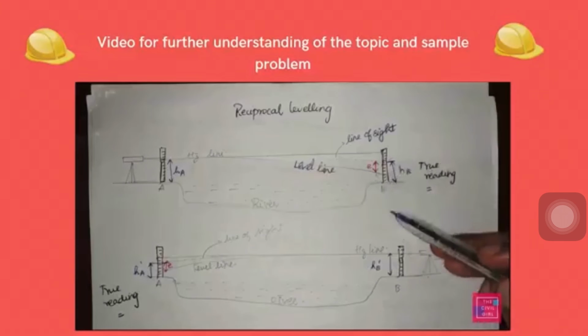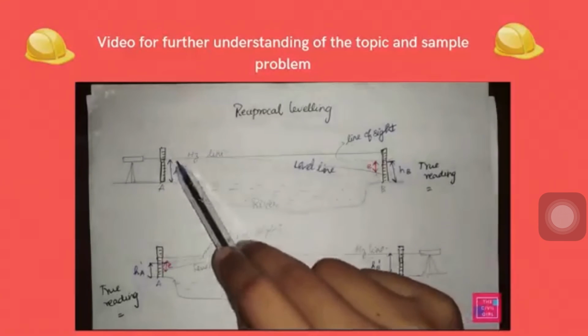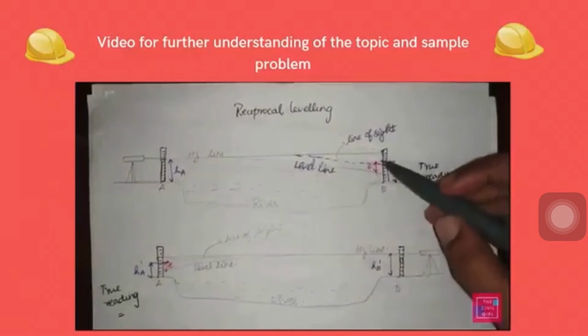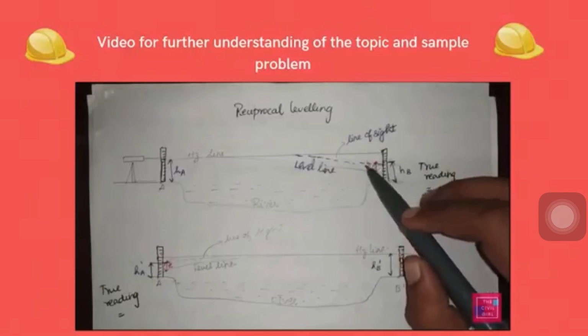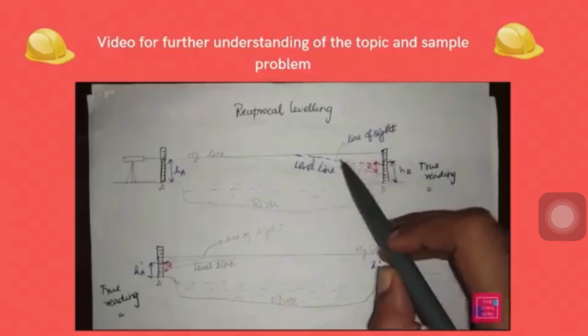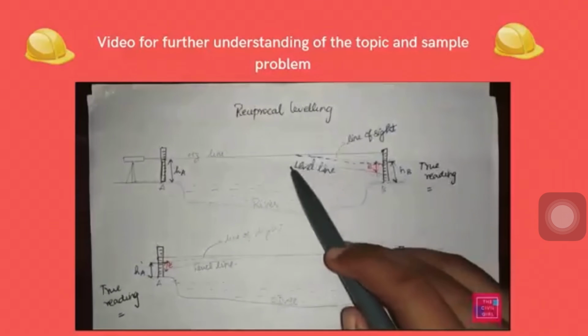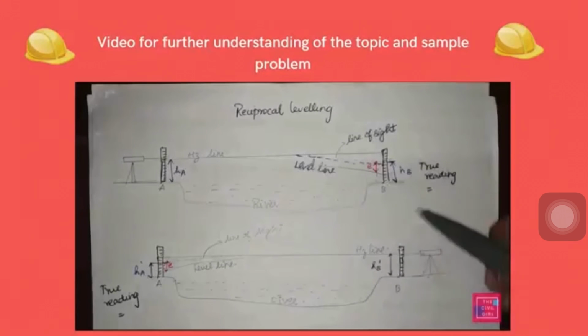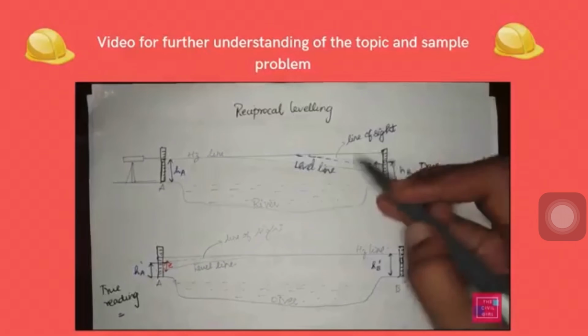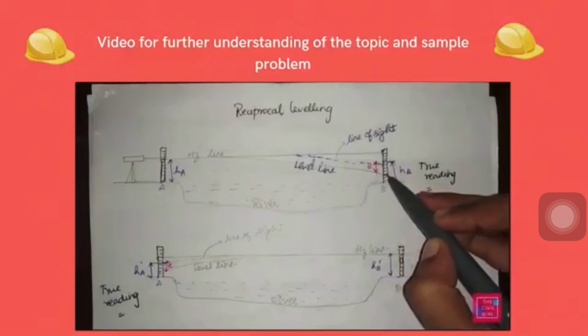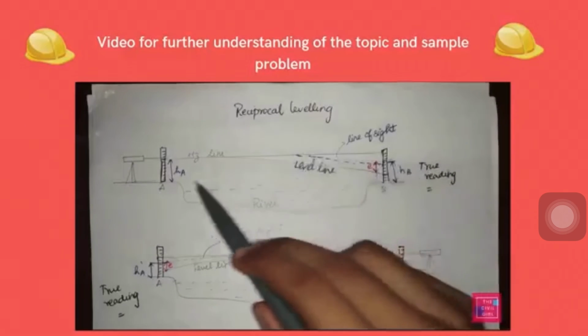You can see that this is my horizontal line. This dotted line is my line of sight. Line of sight is what we see from the telescope of our level. And this is my level line. We already know that the reading corresponding to our level line is only our true reading. But our line of sight gives some other reading.